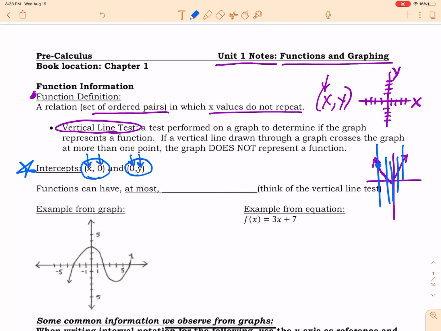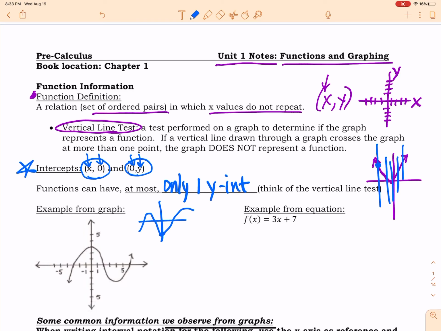Okay, so as we move through this, please remember that functions can have at most only one y-intercept. And the way you can think of this, if you've got a graph, and if in fact it is a function, it will only cross the y-axis one time.